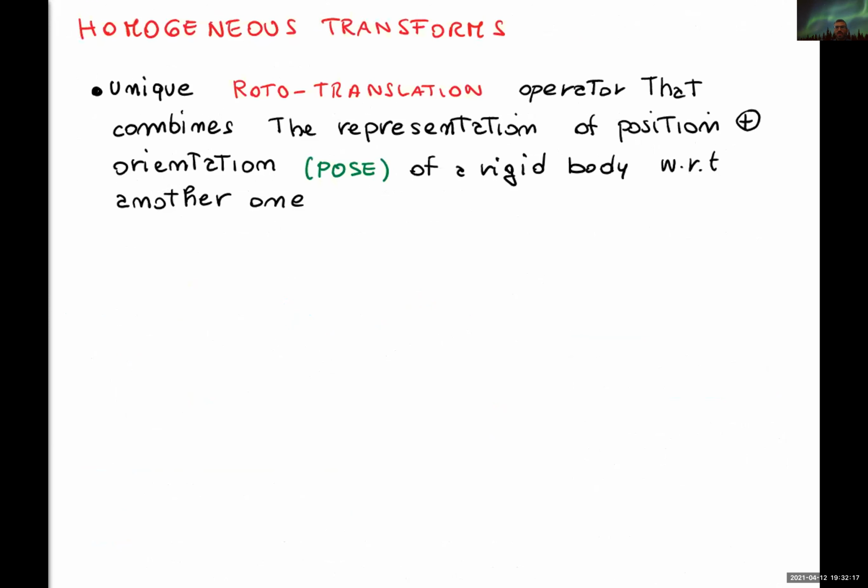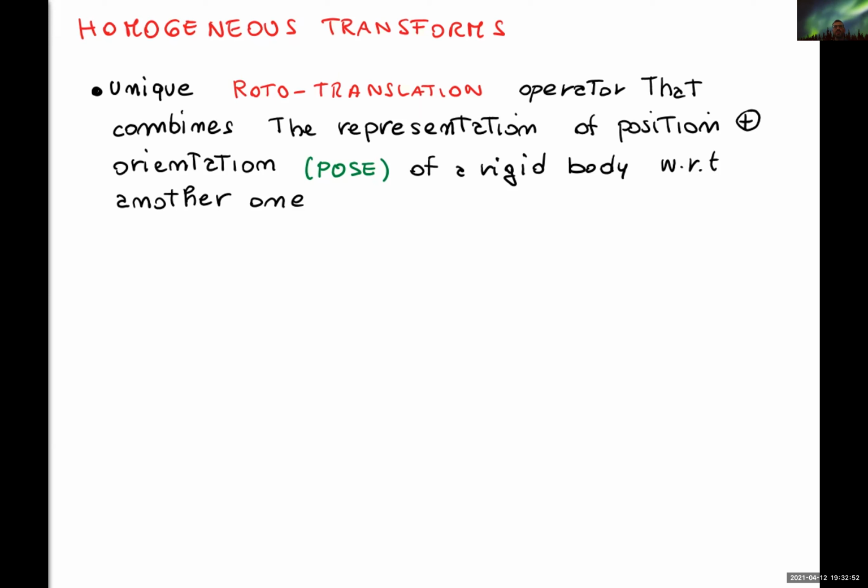And to do so, we introduce the concept of roto translations and the concept of homogeneous transforms. That is an operator that implements roto translations, so it combines the representation of the position and orientation of a rigid body with respect to another one. And with the term pose, we express both the position and orientation.